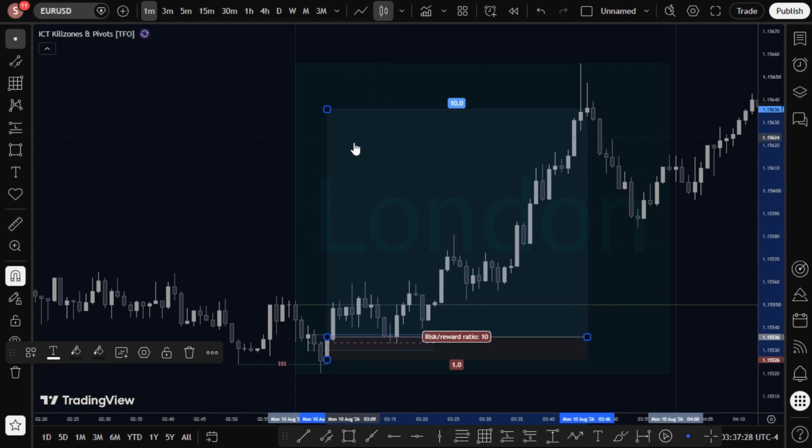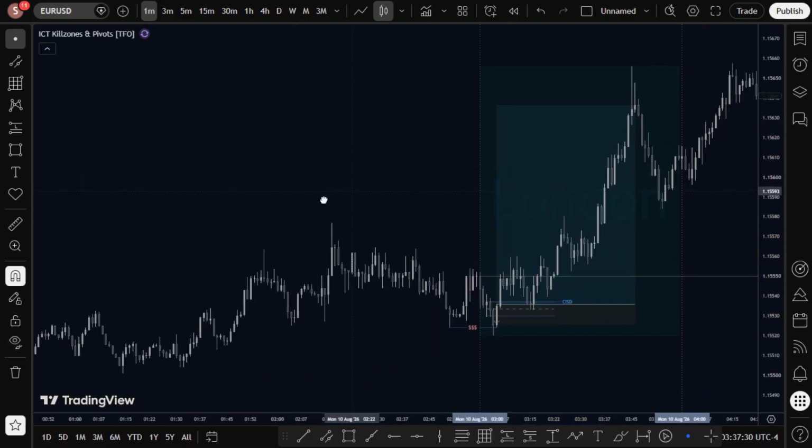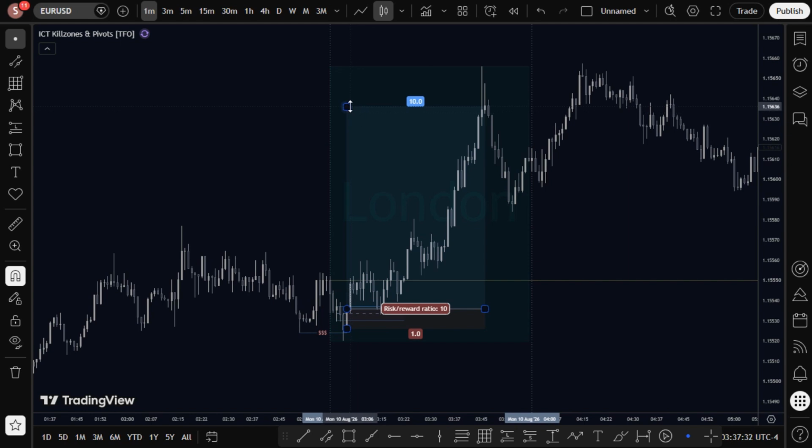Okay, you can target 1 to 3, 1 to 2, as the case may be. But Huddersfield recommended that if you have 5 handles, which is 10 pips on Forex, it will give you this.